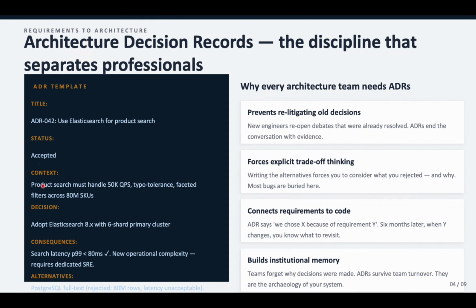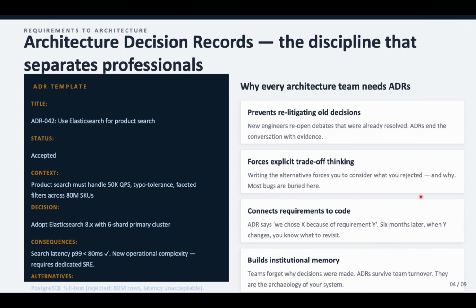Then we have the context: product search must handle 50,000 requests per second with typo tolerance, and faceted filters across 80 million SKUs. This is where you connect the requirement to the numbers, and this is where lecture 1 of this section feeds directly into this lecture, right?